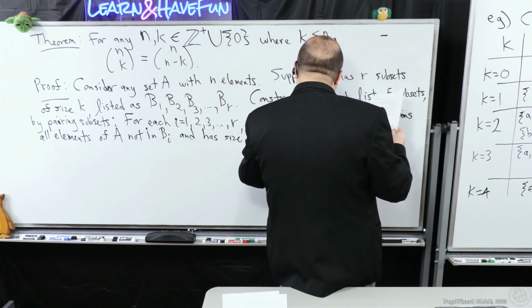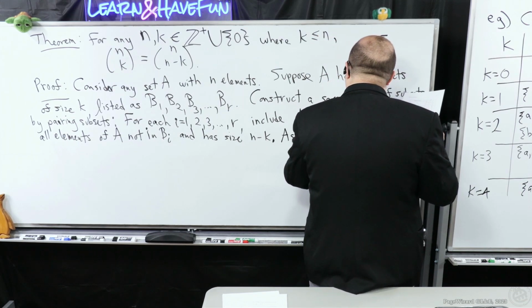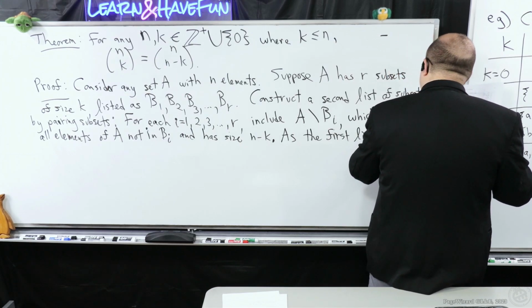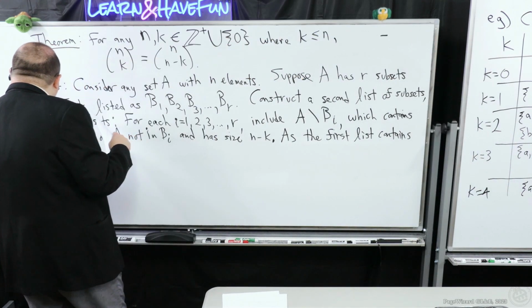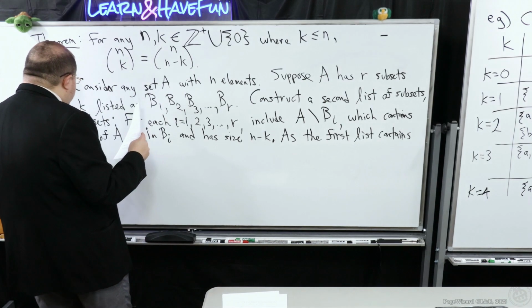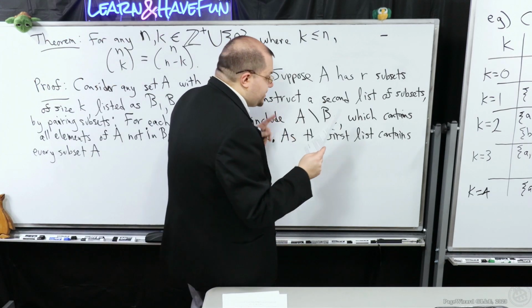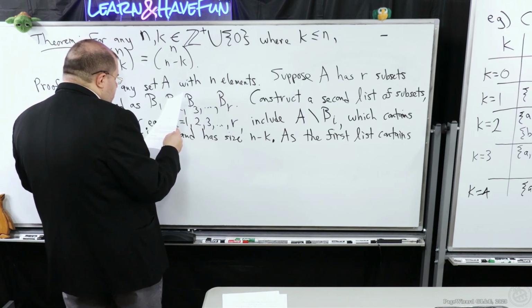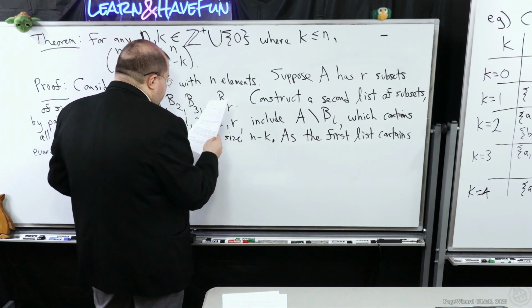So the first list contains every subset of A of size k. This is very important for the construction.